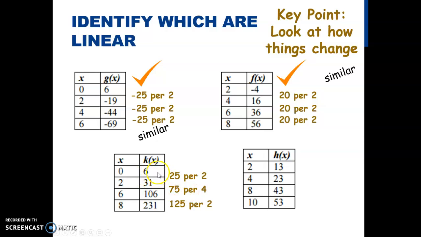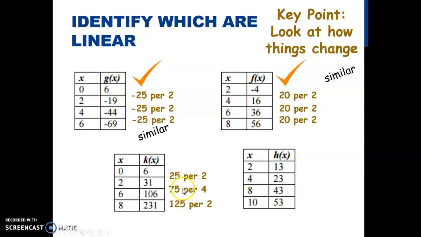So when I'm looking at the first change, I've got an increase of 25 for an increase of 2 x's. And then for this next one, I had an increase of 75 for 4 x's. Okay, so that's different than the previous one. If this would have been a 50, then I would have been happy, because if I double the amount of x's, then I should double the amount of change in y's.